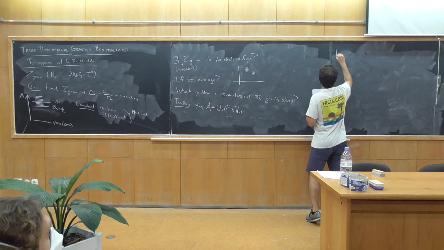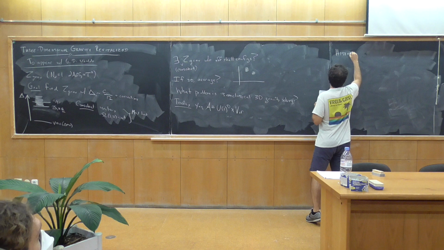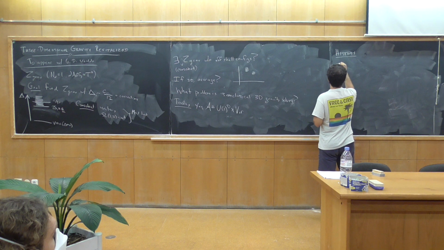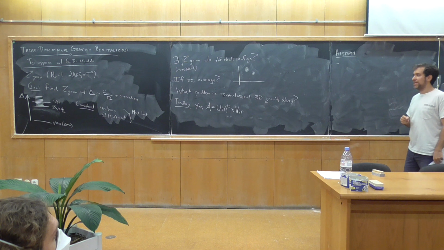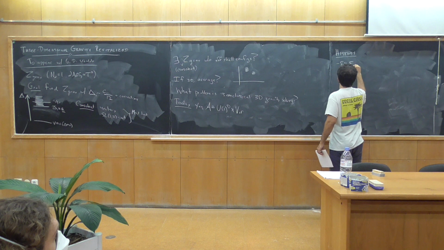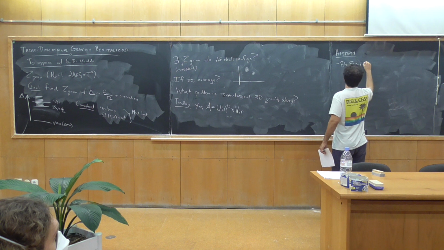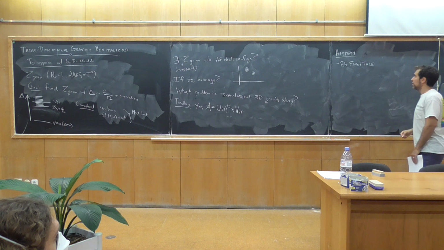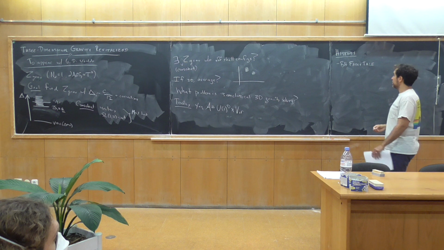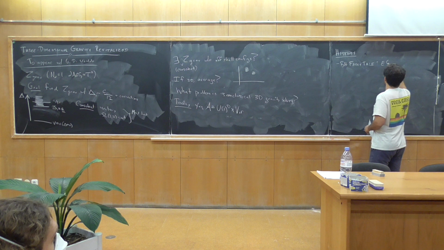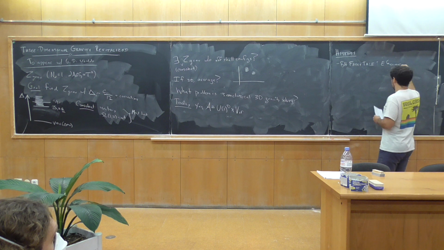So the first paper that must be mentioned is the black hole fairy tale paper from the early 2000s, where what they computed was the elliptic genus of the D1-D5 system.